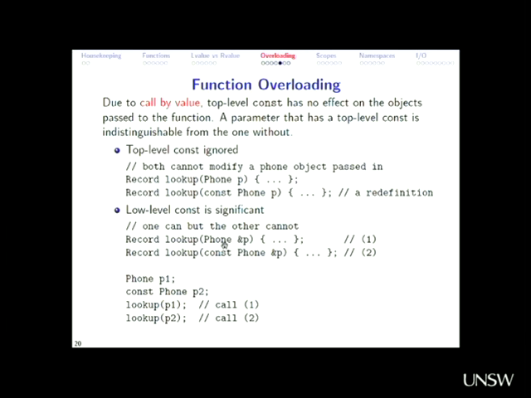That's a reference to a phone, and that's a reference to a const phone. So we have phone P1 down here, and phone P2 here, and P2 is const, cannot be changed. Lookup P1 calls the non-const version, and lookup P2 calls the reference to const version. Go back and take a look at the slides from the later part of Monday to understand how const works at the top level and at the bottom level.